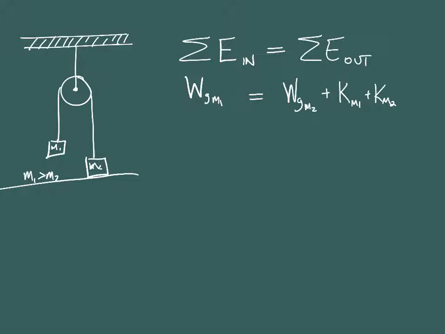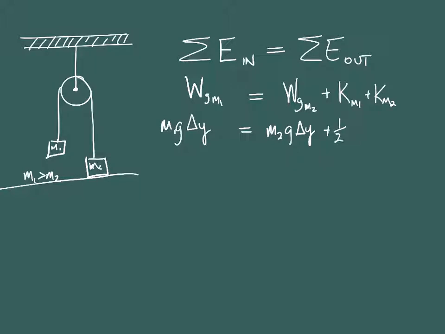Well, if I convert these things to what we saw before, I'm going to have mass times gravity times change in height. This is mass 1. And that's going to be mass 2 times gravity times the change in height.